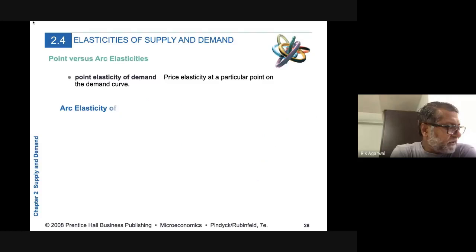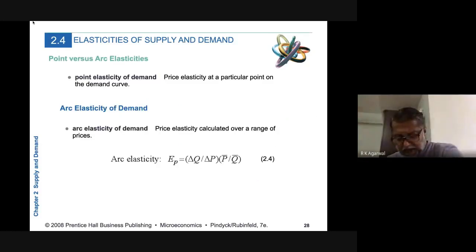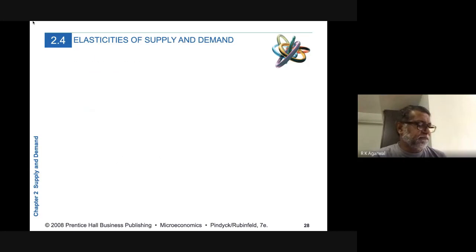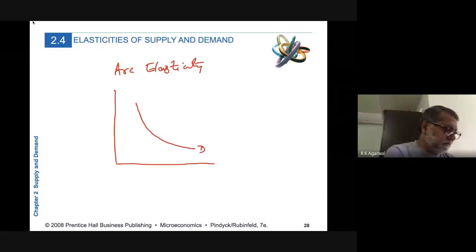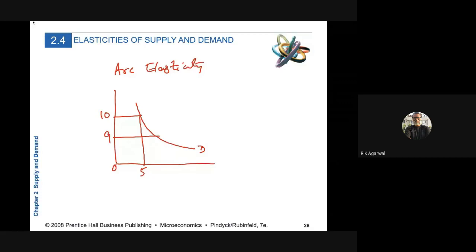So then there is something called arc elasticity, and arc elasticity is to be shown by means of a very simple numerical example. Let me try and show it. Arc elasticity. So let us draw a curve, a demand curve. Say a demand curve slopes downwards. This is 10. This is 5. Price falls from 10 rupees to 9 rupees.